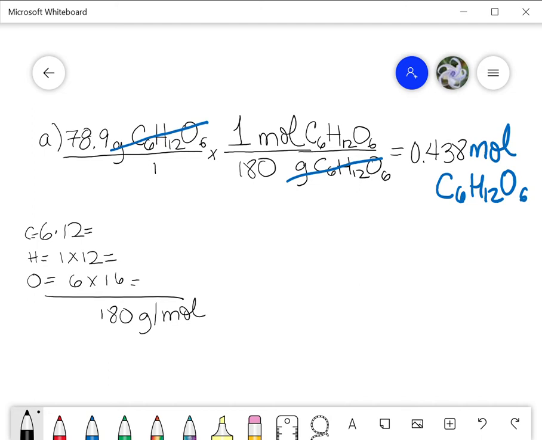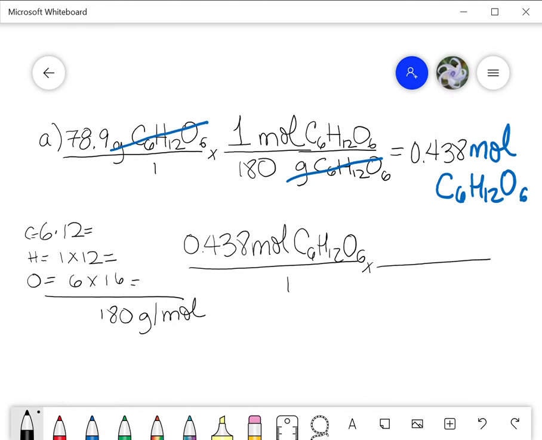Now the next one says go from moles to molecules. So I'm going to start with this number of moles, or I can just continue my calculation. But for now, I'm just going to start with my moles, and I'm going to go to molecules.